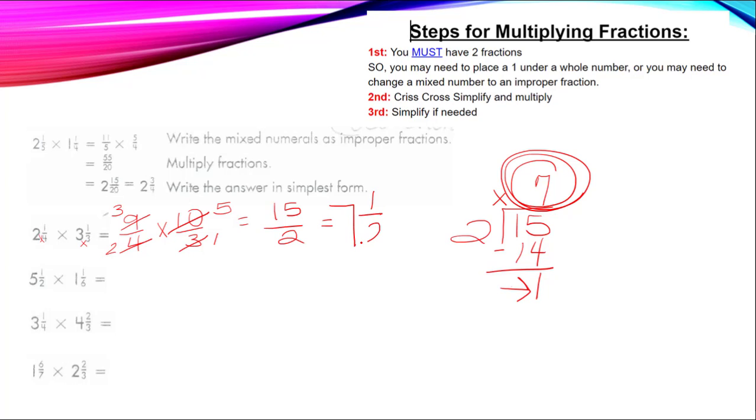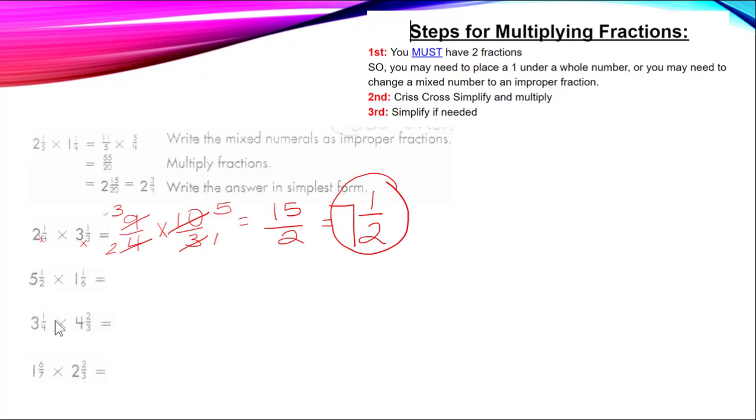Okay, in our next one we have two mixed numbers. 5 1/2 times 1 1/6. 5 times 2 is 10, plus the 1 is 11 over 2. 1 times the 6 is 6, plus 1 is 7 over 6.